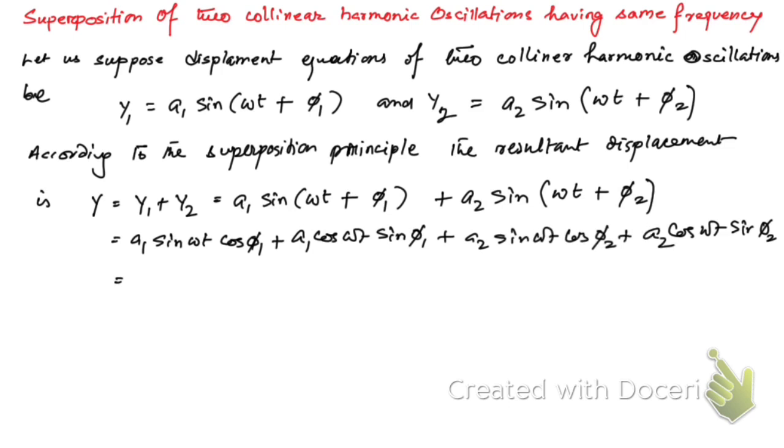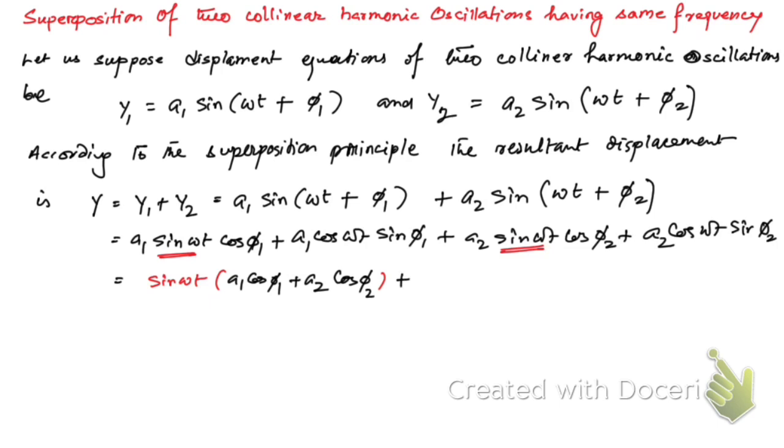Now what are the terms that can be taken common? Here we have sine omega t, here also we have sine omega t. If we take sine omega t common, then within the bracket we're gonna end up getting a1 cos phi 1 plus a2 cos phi 2.